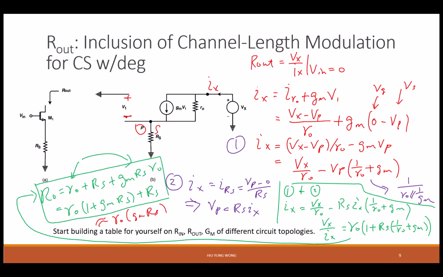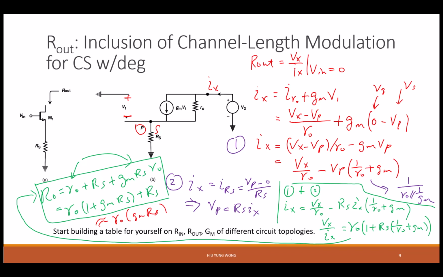Because he was very careful. He just followed the rule. Plus, minus, negative, and then plus is VG. VG minus VS. This is the definition. It's what you define in your cheat sheet, the model. We agree already, we proved already this is the correct model. So it must be Vg minus Vs. So this is 0 minus Vp. Okay, do not just say 0 or just say Vp. It's 0 minus Vp.